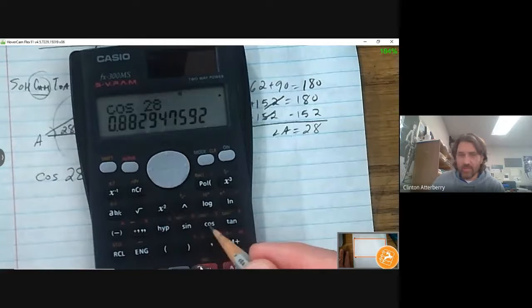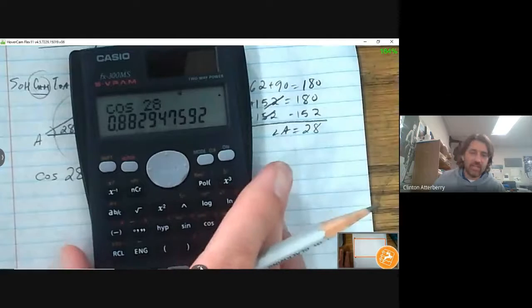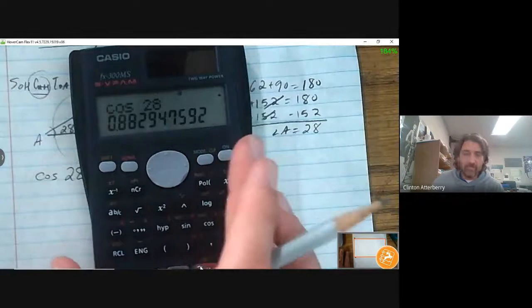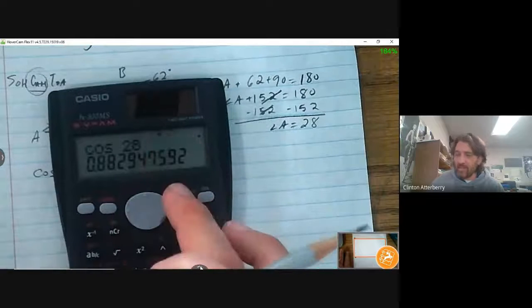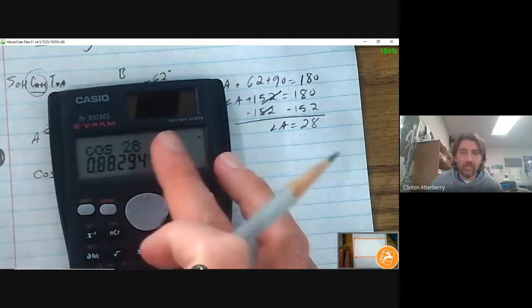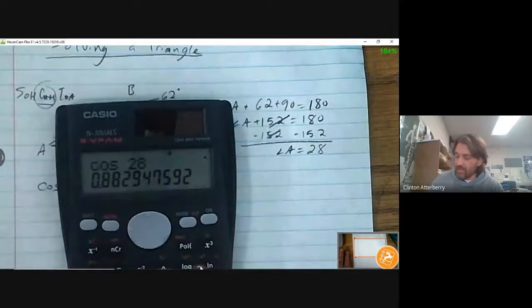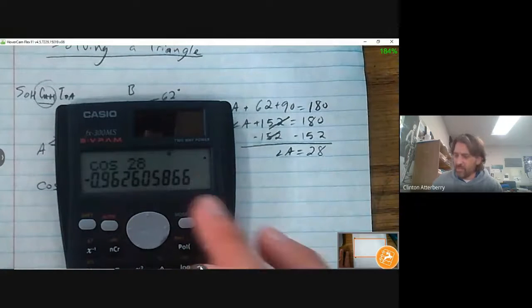So we're going to use the cosine button and type in the number. There are calculators online. Just make sure it's in the right mode. This calculator is hard to see, but it's got a letter D there, and there are other modes, like radian mode, which makes a little R right there. If I do the same thing in radian mode, it gives me a different answer, like a negative number, like what the heck?